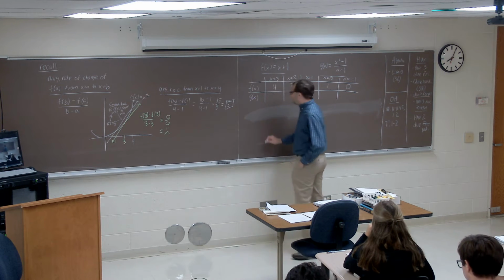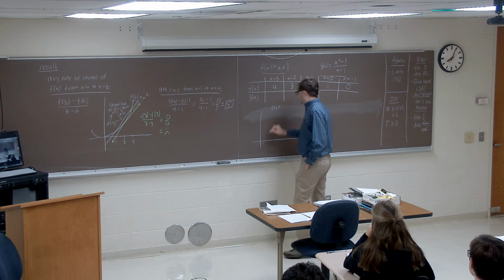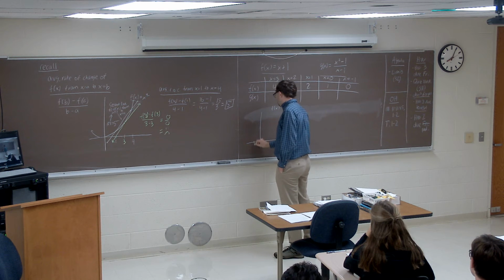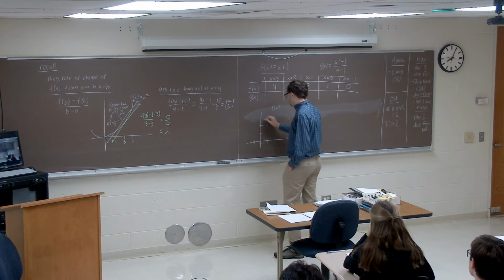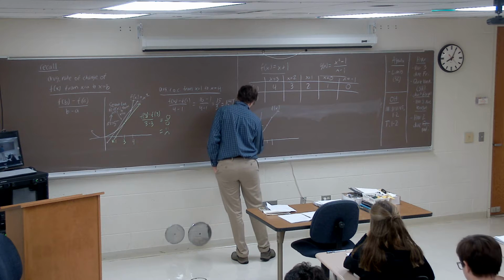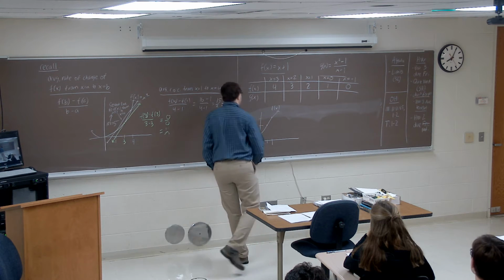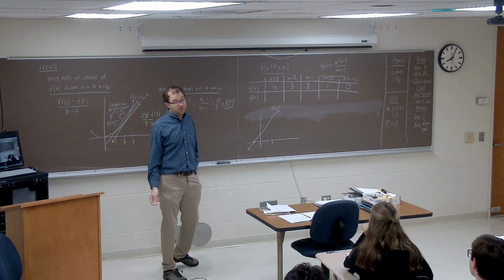And if we were to graph f of x, it would look something like -1, 0, 0, 1, 1, 2, 2, 3, etc. A straight line with a slope of 1 and a y-intercept also at y equals 1.